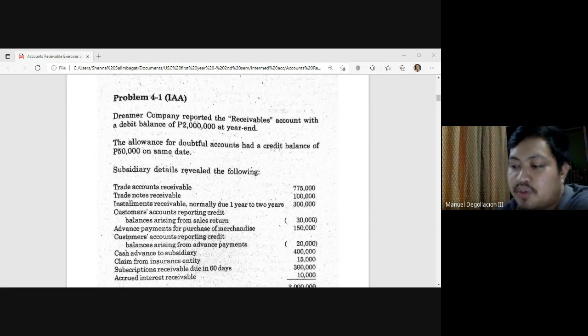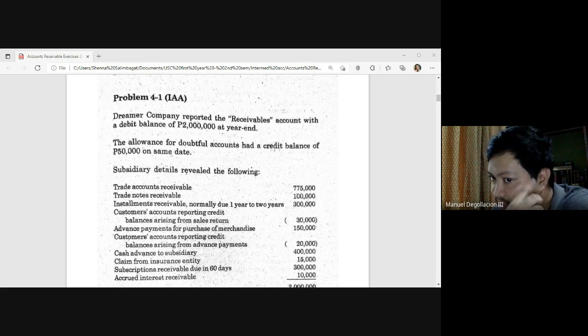Your book also mentions customers' credit balances, class. The takeaway here is that customer credit balances will not be presented together with your accounts receivable. For you to understand that statement, you must first understand what customers' credit balances are. You remember, class, that your accounts receivable, your customers' accounts, will normally have a debit balance, being an asset.